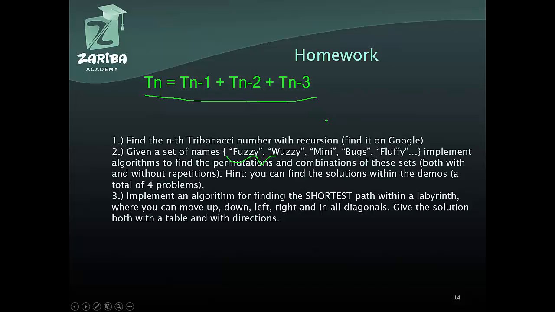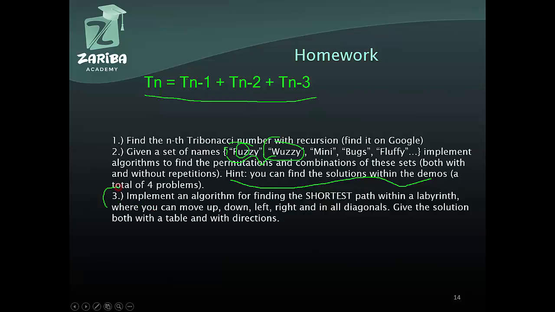You have to come up with a way, instead of the numbers, to put in some strings or some objects, and so on. But in this case, I've just given you strings because I think that's enough for this problem. Solutions are within the demos, and we've discussed most of them.